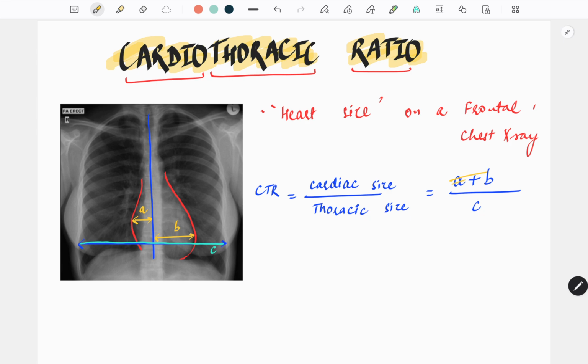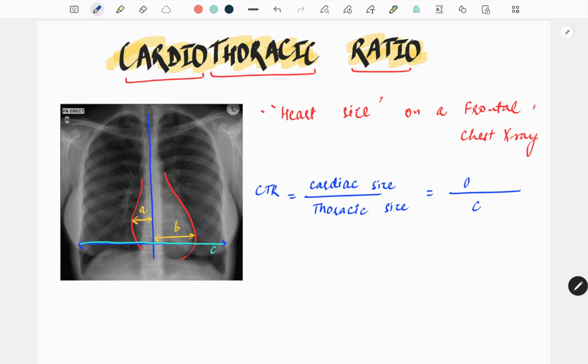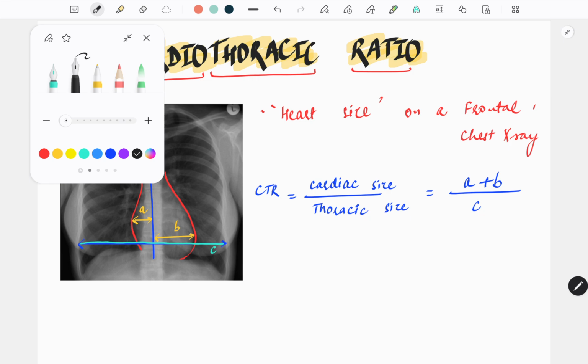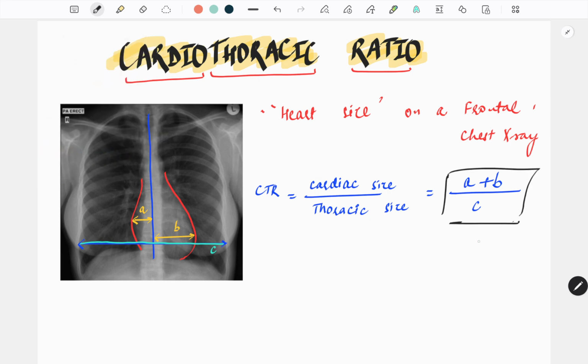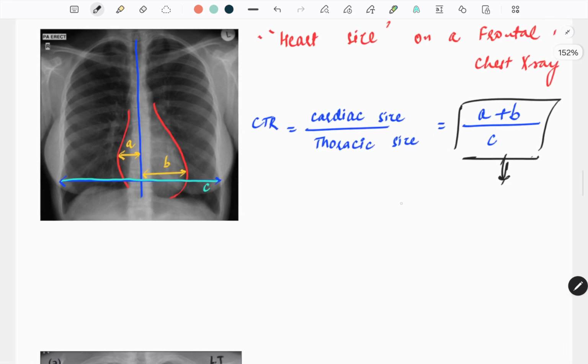This will give rise to the cardiothoracic ratio, and it should always be less than 50% on a PA radiograph. Mind you, I am talking about the PA radiograph.